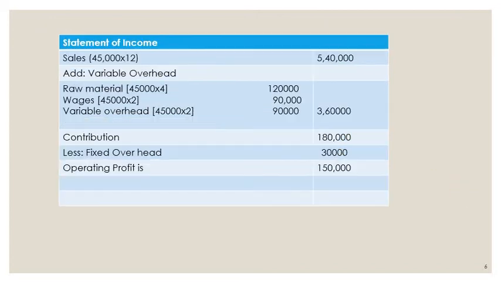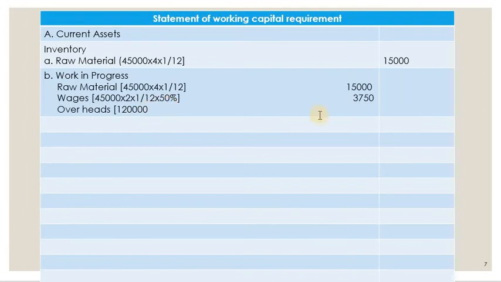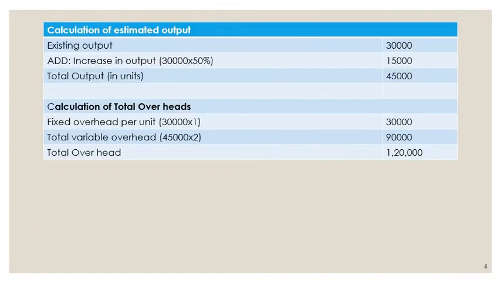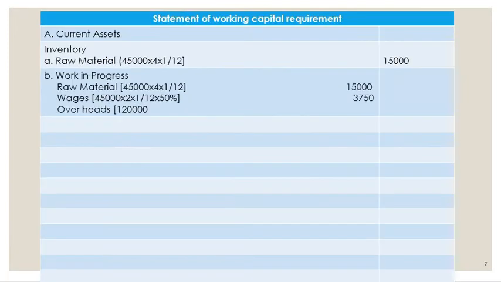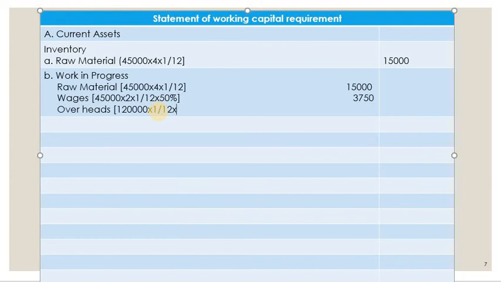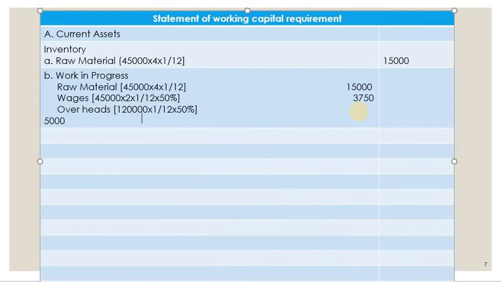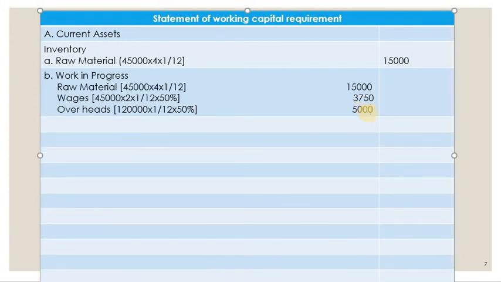Then variable overhead 45,000 into 2. So we have calculated 30 plus 90. So total is 1,20,000. So 1,20,000 into, directly we can write the value, 750.